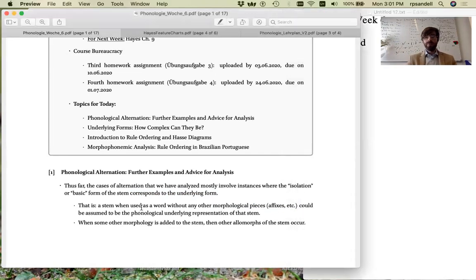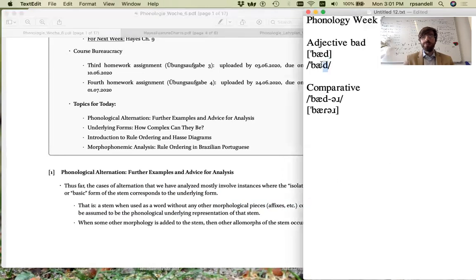There we could assume that the isolation form was the same as the underlying representation of the stem. And so other allomorphs of the stem are generated when other morphological pieces are added that then create the environment for the application of some process. In this English case, by adding a suffix that begins with a vowel, the environment for tapping is created.